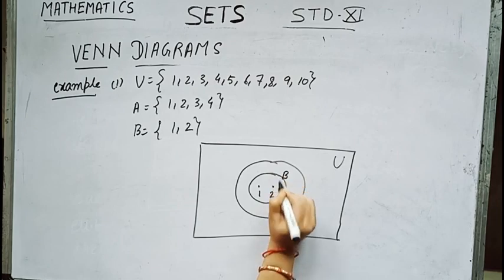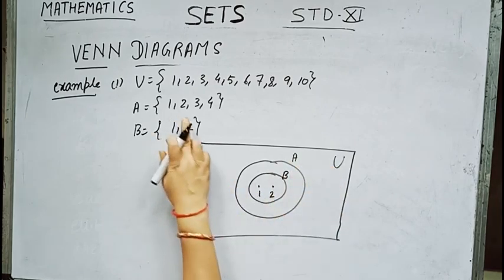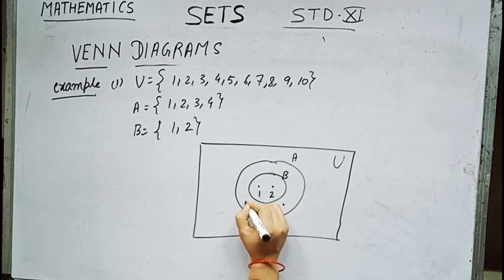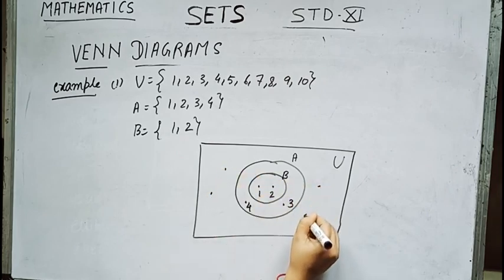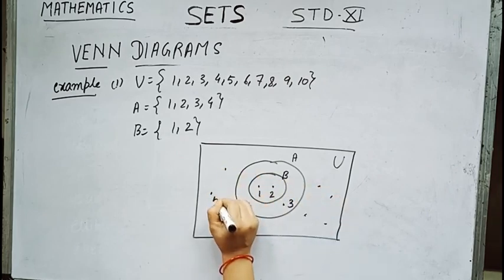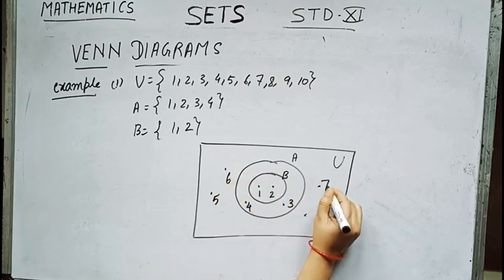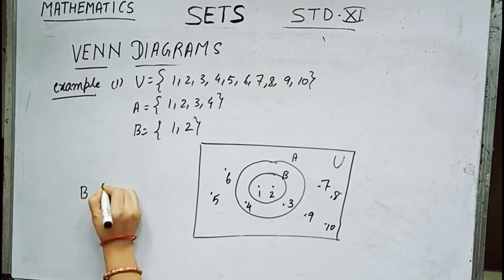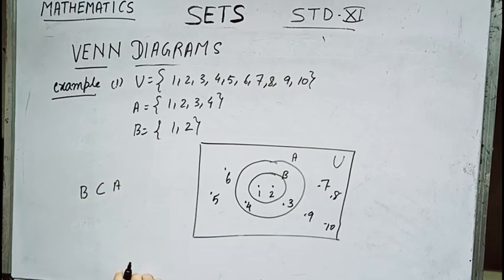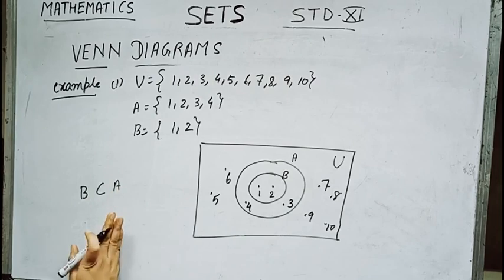Let us give this name B and give this name A. The leftover elements are 3 and 4, so make 2 dots somewhere. This is 3 and 4. Rest elements 5, 6, 7, 8, 9 and 10. Over here you can clearly observe that B is the subset of A. And both A and B are the subset of the universal set.